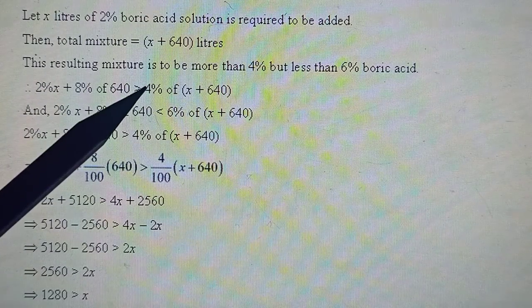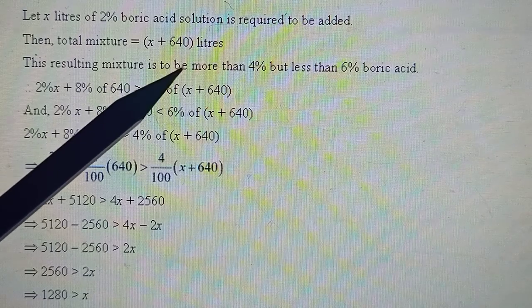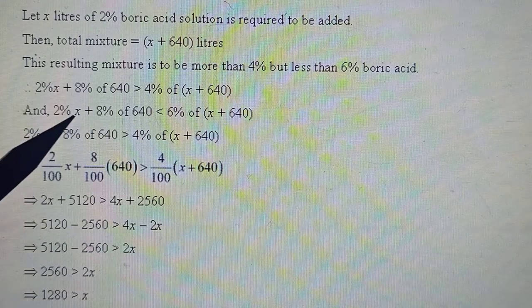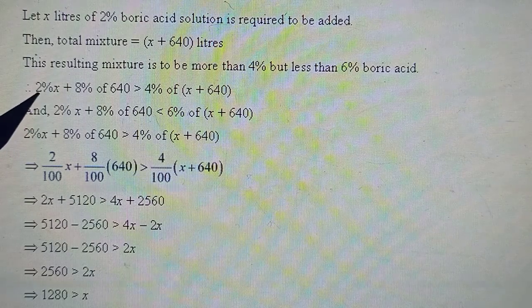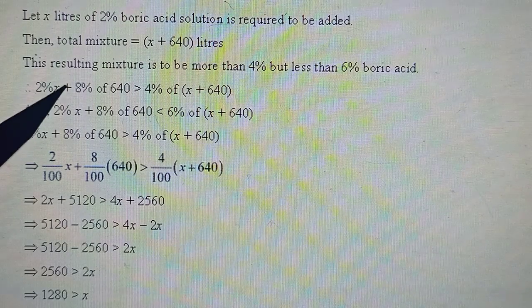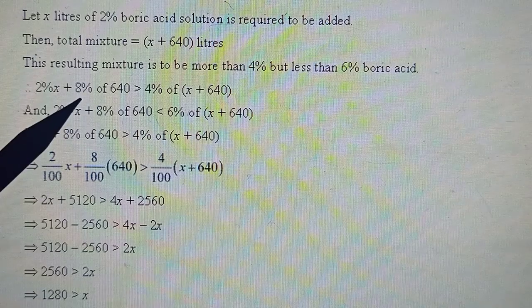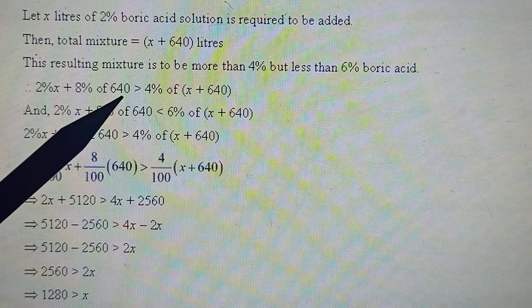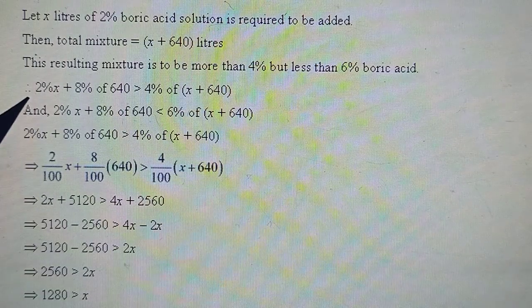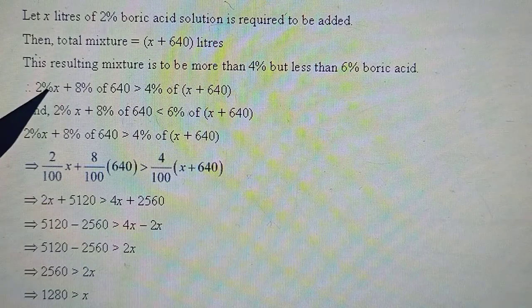Now what about the acidic strength of this? तो इसमें हम क्या कहेंगे कि हमारा जो x liters था उसमें कितना acid था, 2%, so 2% of x we'll take out, and जो 640 liters था उसका strength था 8%, so 8% of 640 will give you how much acid there is.